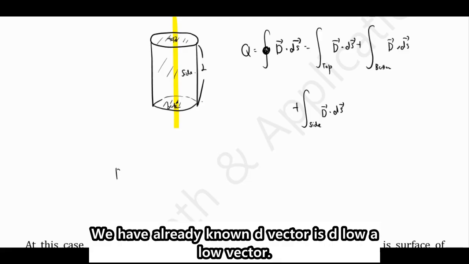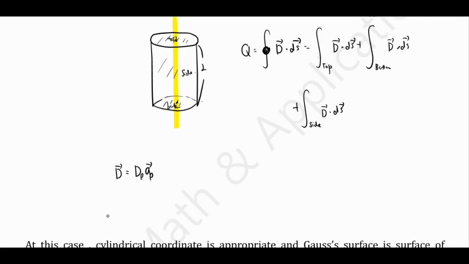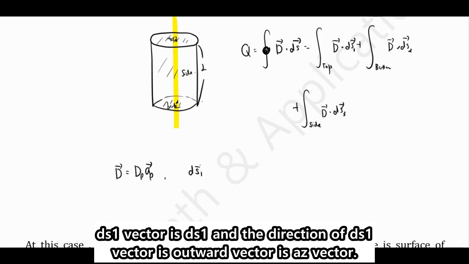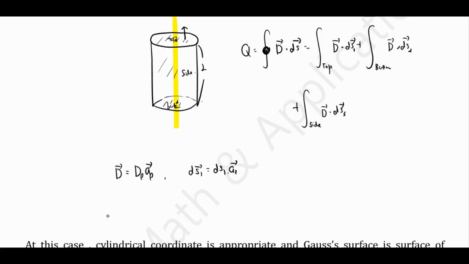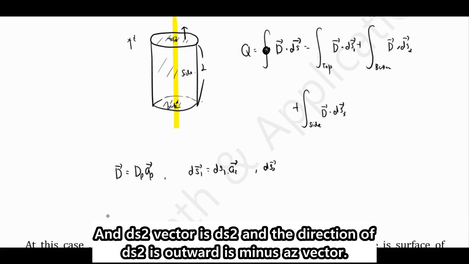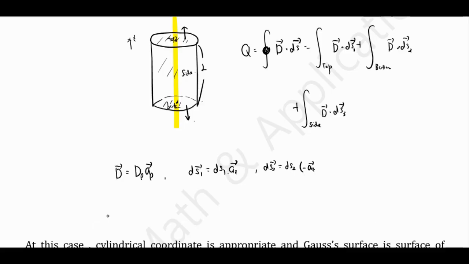We have already known D vector is D_rho a_rho vector, and dS1, dS2, dS3. dS1 vector is dS1, and the direction of dS1 vector is outward, which is a_z vector. And dS2 vector is dS2, and the direction of dS2 is outward, it's minus a_z vector.